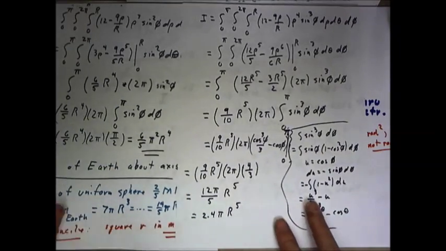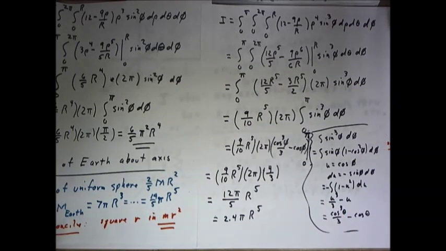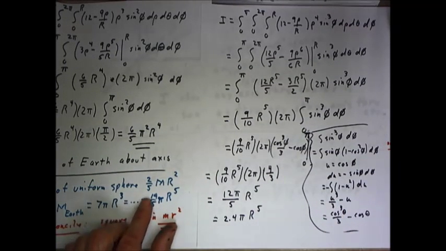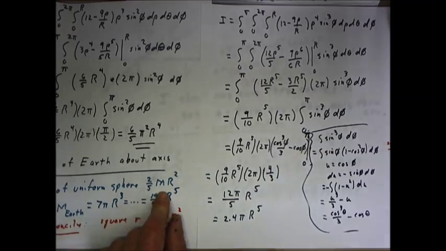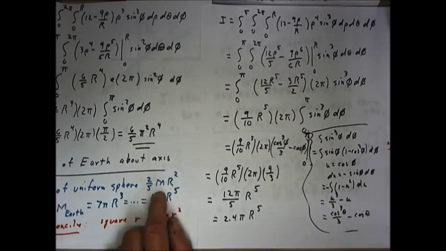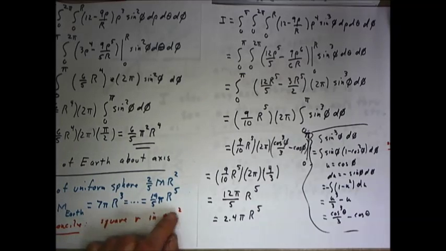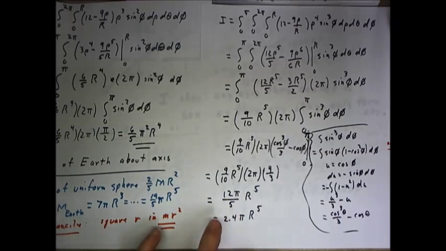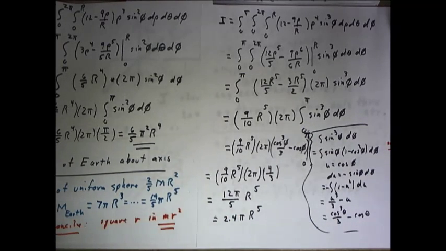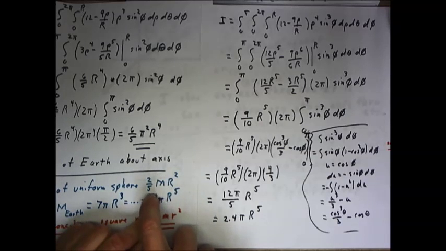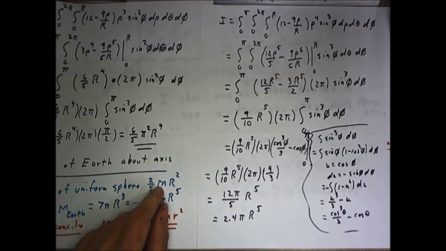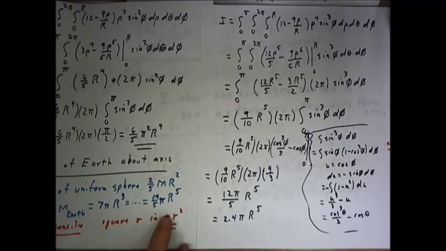Now let's compare that with what we would have gotten from a uniform sphere with moment of inertia 2/5 mr squared. That gave us 14/5 pi. This gives us 12/5 pi. Remember I said previously that since the mass is more concentrated toward the center, the moment of inertia will be somewhat less than predicted by a simple 2/5 mr squared based on a uniform sphere of equal mass.